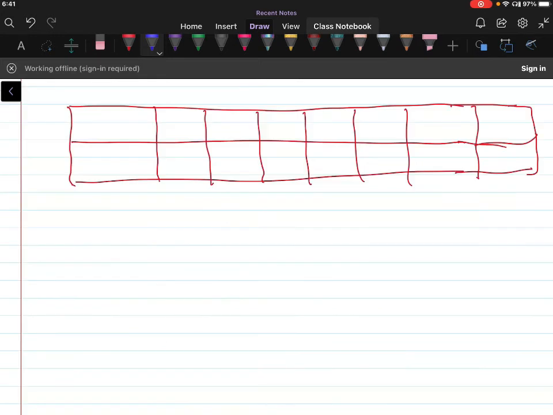Since the curve is symmetric about the pole, we construct a table of coordinates of the curve r square is equal to sine 2 theta, varying theta from 0 to pi by 2. In the first row of the table, let us take the theta values.